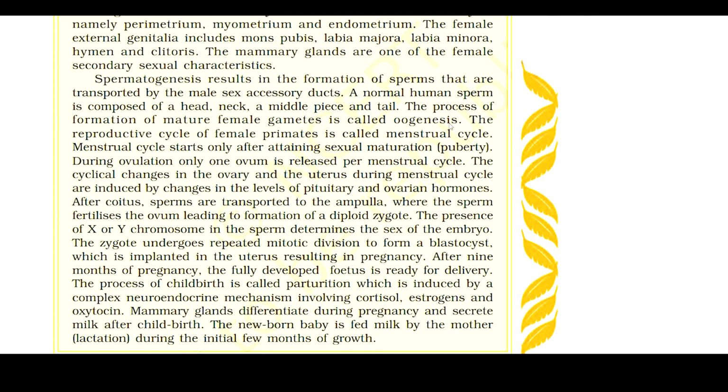Spermatogenesis results in the formation of sperms that are transported by the male sex accessory ducts. A normal human sperm is composed of a head, neck, a middle piece, and tail. The process of formation of mature female gametes is called oogenesis. The reproductive cycle of the female primate is called the menstrual cycle.